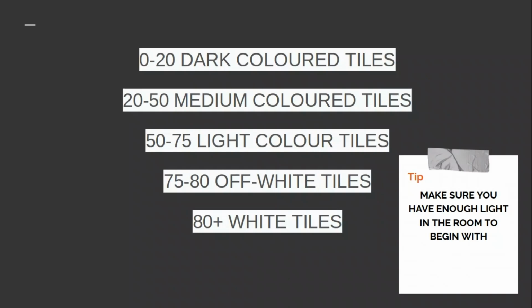Although with artificial light, remember, you can control that. It can be 3,000, 4,000, 5,000, but natural light tends to change throughout the day. You have to remember that as well. In the morning time, it might be a different temperature than it is in the evening time.